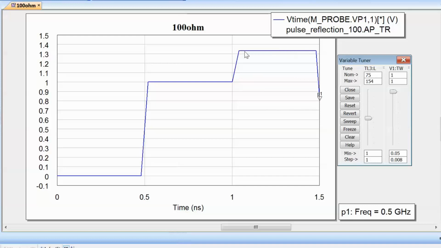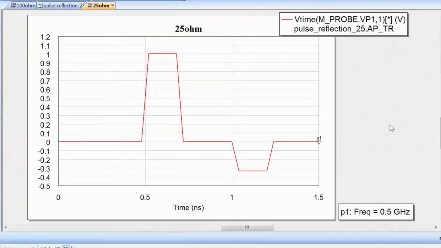So yet again, we can see that if we get an increase in voltage, then the impedance we're terminating the line in is actually greater than the characteristic impedance of the line, whereas, as we'll see in a moment, if we use an impedance to terminate the line which is lower than the characteristic impedance of the line, we'll see a decrease in voltage.